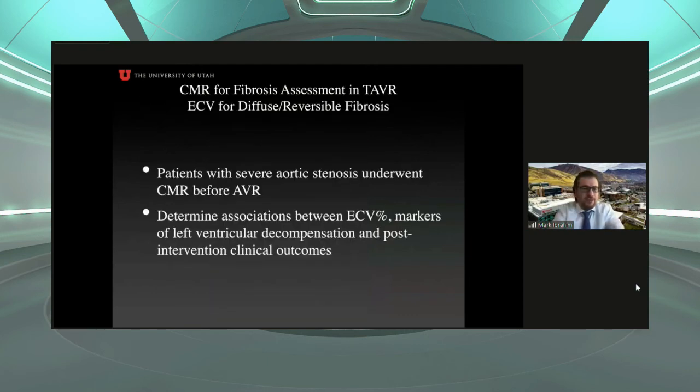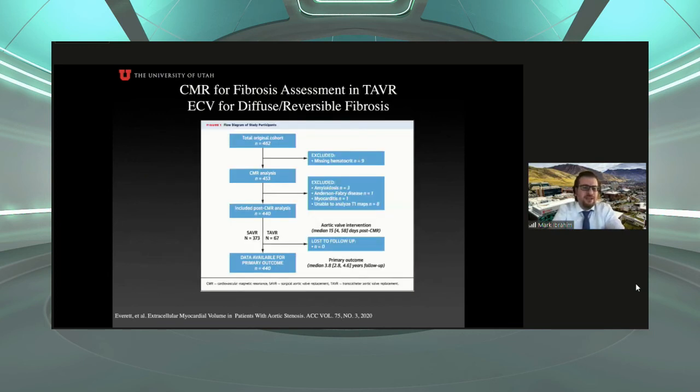So basically, they recruited all patients with a diagnosis of severe aortic stenosis undergoing aortic valve replacement. Three quarters, or 80%, of those patients went for surgical AVR, and the minority had TAVR. They looked into these myocardial markers of ECV post-intervention. It ended up being 67 patients with TAVR and 300 patients with surgical AVR.